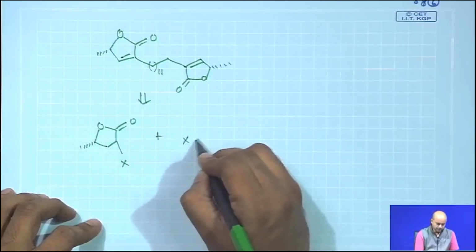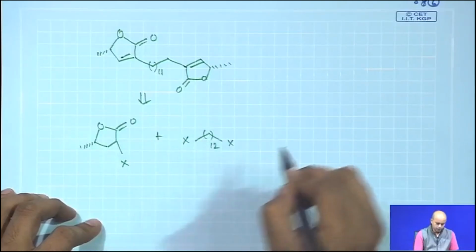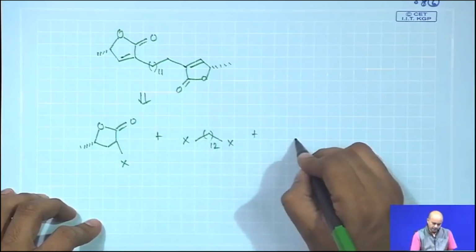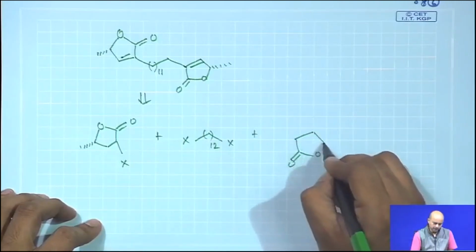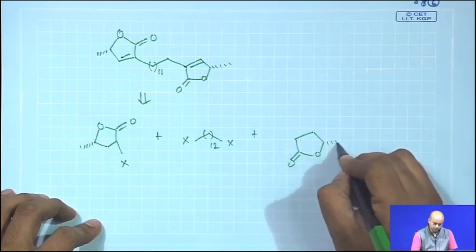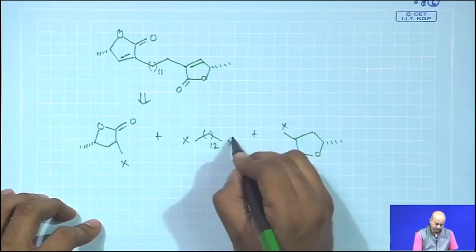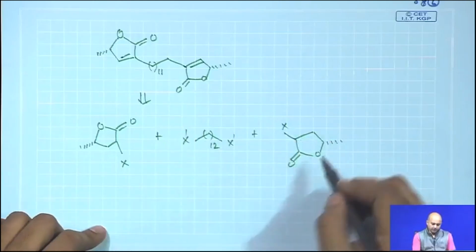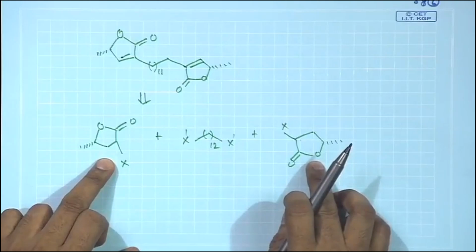So, I am saying X, CH2 12, and then you have this other homochiral half of the same lactone. Put it X prime, X prime. Now, if you have these two compounds, their sense of chirality is similar.